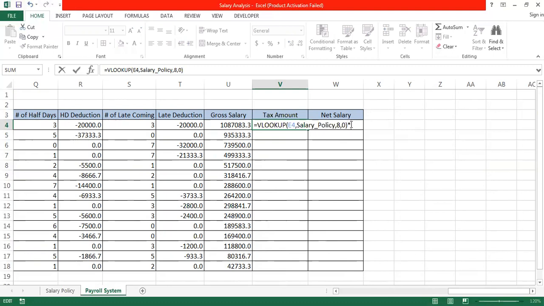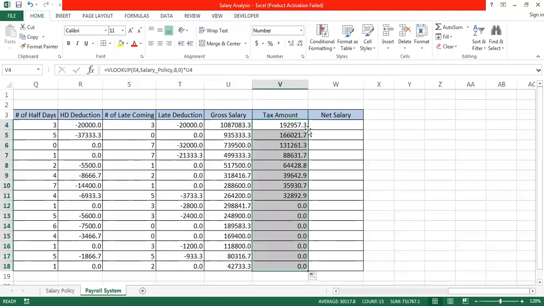We are going to pay these taxes on our gross salary. So multiply by gross salary and press enter. So here we have it, and now I'm going to convert it to one decimal place. So these are the taxes we are deducting from different employees.